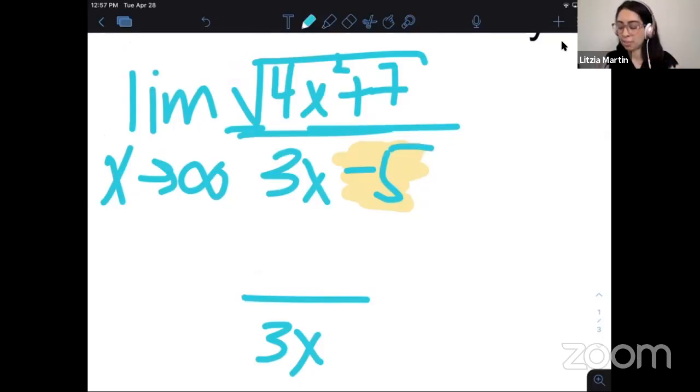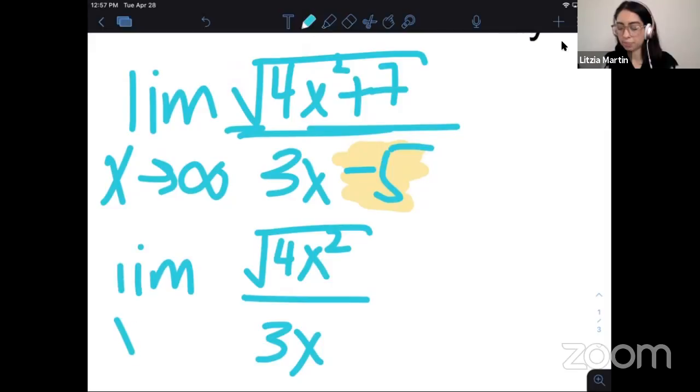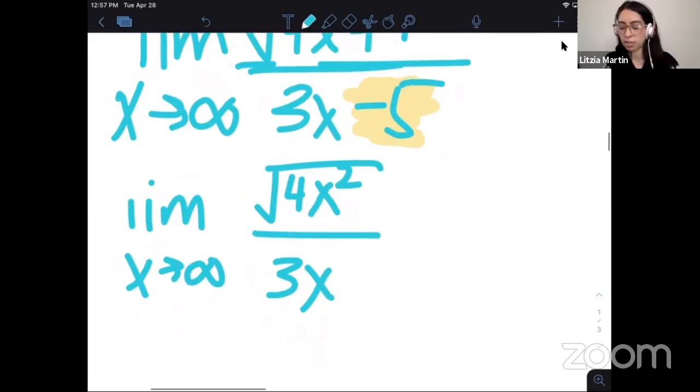So we can think about this as just the square root of 4x squared divided by 3x. This is still the limit as x goes to infinity. The square root of 4x squared is going to be 2x, as long as x is positive, so I can write the absolute value of x.